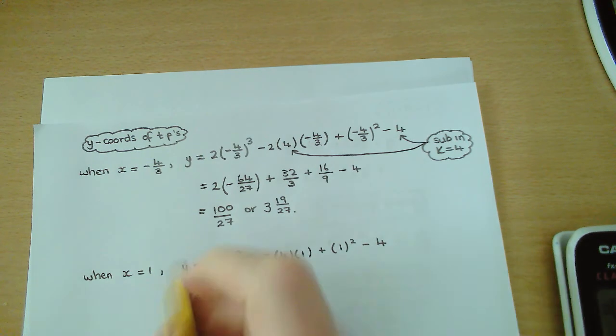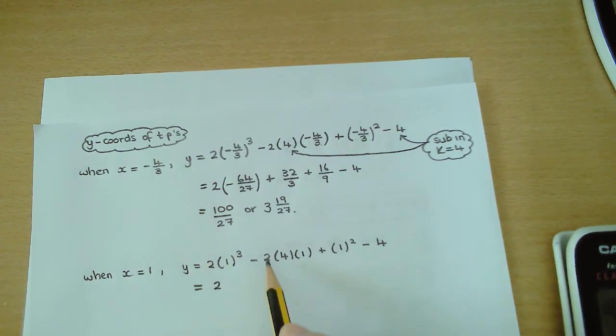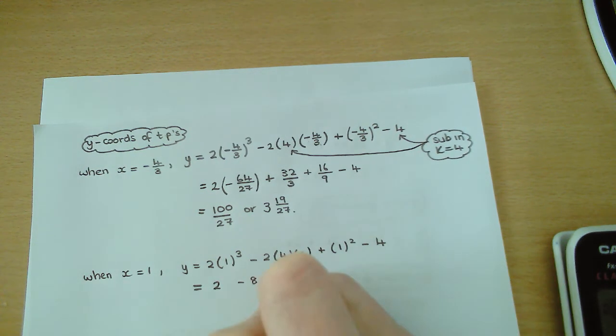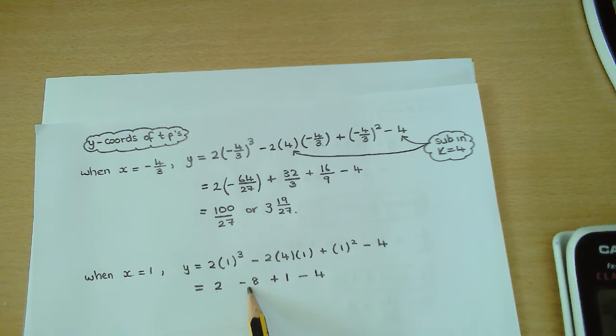So our first term is going to boil down to 2 and then minus 8, and then we've got plus 1 and then minus 4. 2 minus 8 is going to give us minus 6. Minus 6 plus 1 is minus 5, minus 4 is going to give us minus 9.